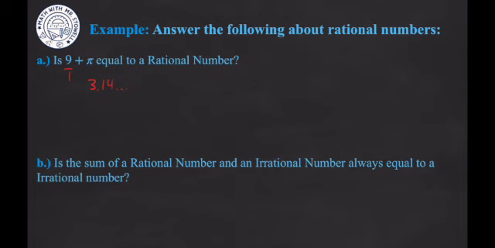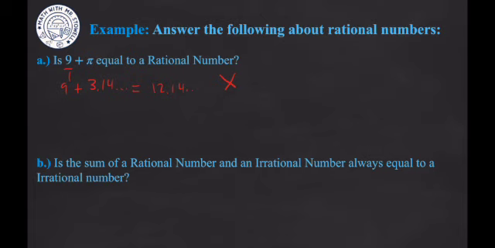It does not repeat. It does not end. So if we did 9 plus that, then that would end up being 12.14 going on forever. Is that rational? No, because the decimal goes on forever and does not repeat in any way. So this would not be a rational number.